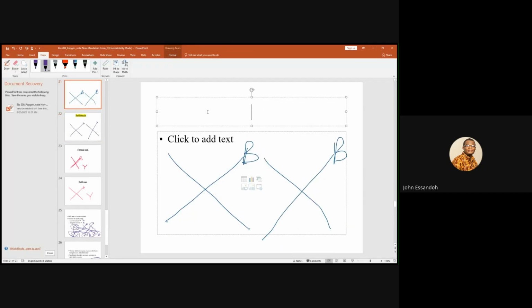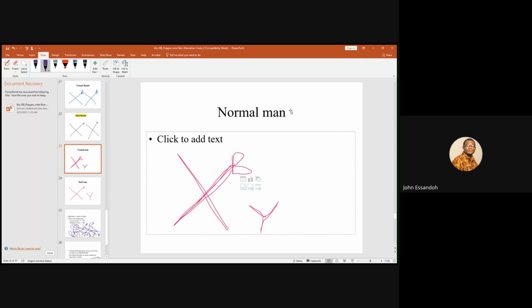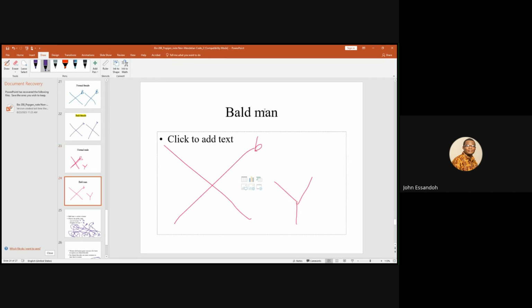And this is normal female. Normal male, and then another normal male. All right, great. So like that. Okay, great.